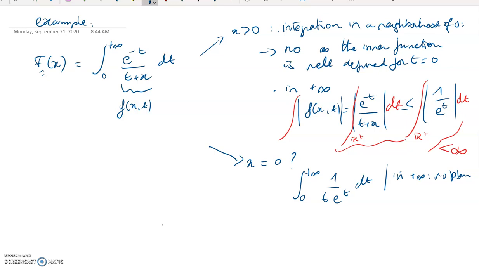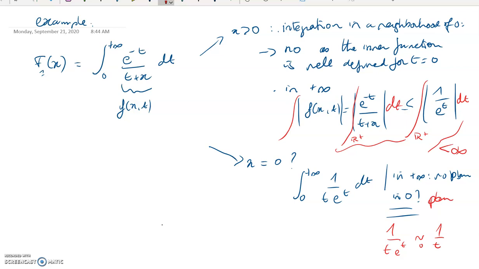But in the neighborhood of 0, we do have a problem, because 1 over t e of t is going to be equivalent in the neighborhood of 0 to 1 over t, because e of t is just around 1.